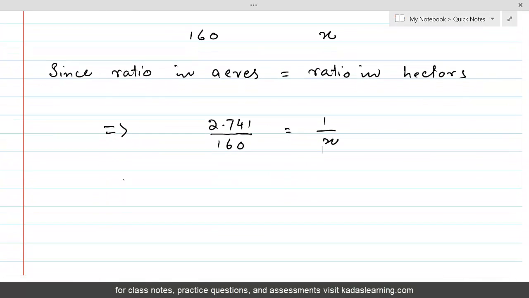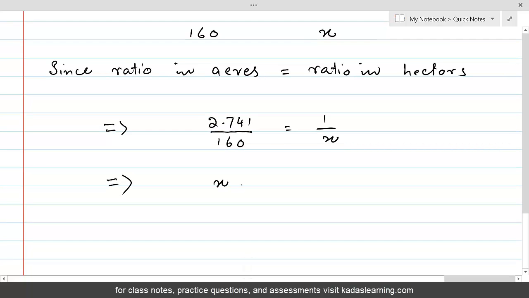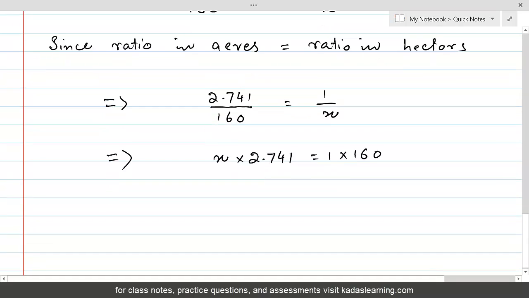And now we can cross multiply, and if we cross multiply, this is going to be x times 2.741 equal to 1 times 160.